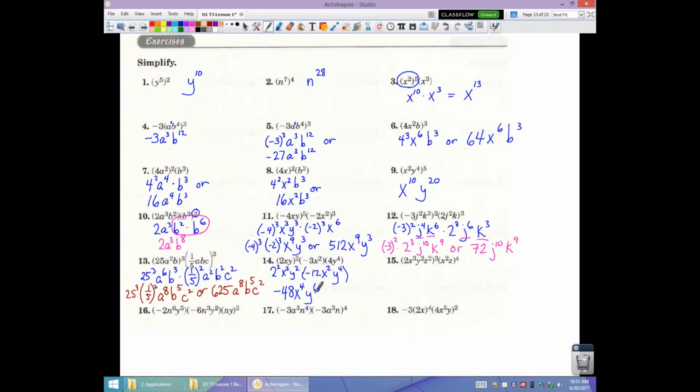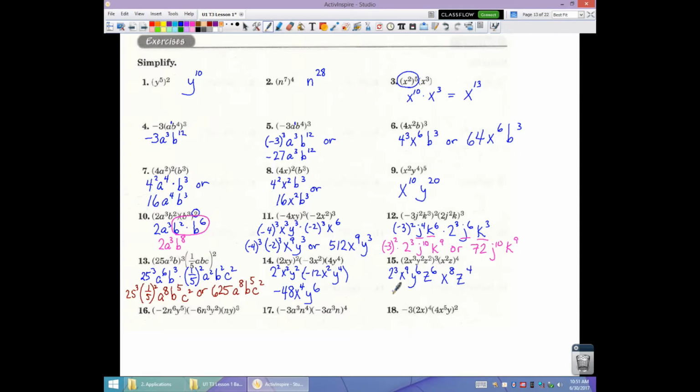Number 15. 2 to the 3rd power, x to the 9th power, y to the 6th power, z to the 6th power. In the second parentheses, x to the 8th, z to the 4th. What can be combined here?